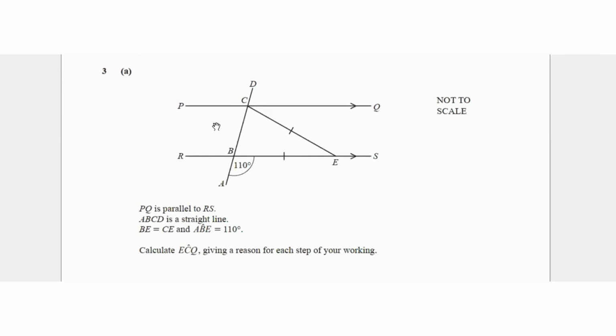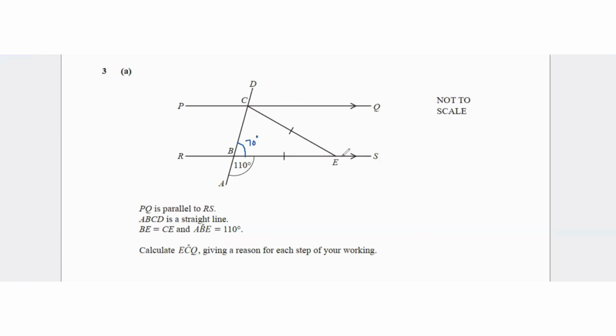Question 3 says that PQ is parallel to RS, ABCD is a straight line, BE equals CE, and angle ABE equals 110. Calculate angle ECQ, giving the reason for each step of the working. So first thing, we would subtract 110 from 180 because of supplementary angles, sum of angles in a triangle is 180, so this would be 70 degrees.